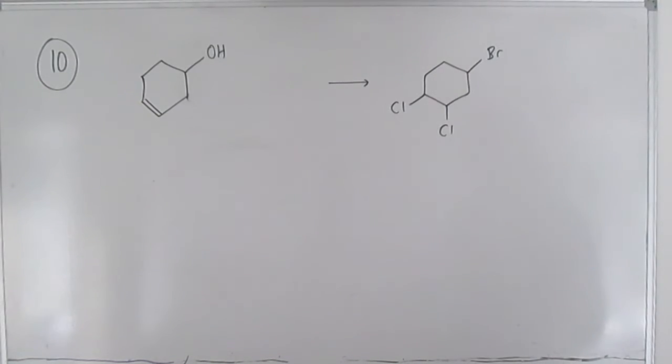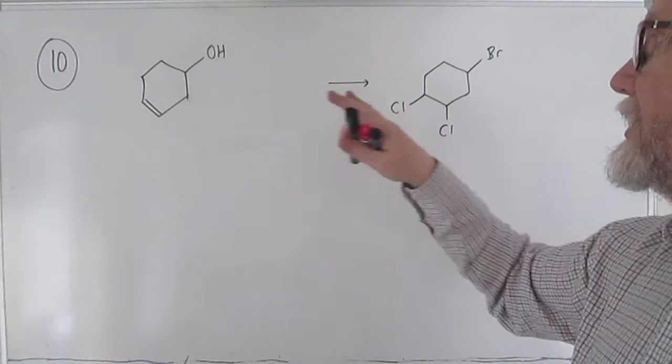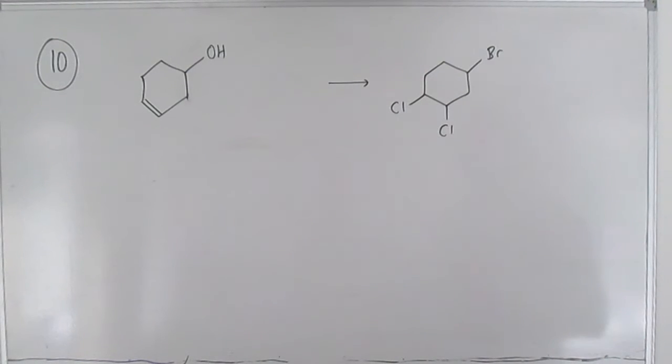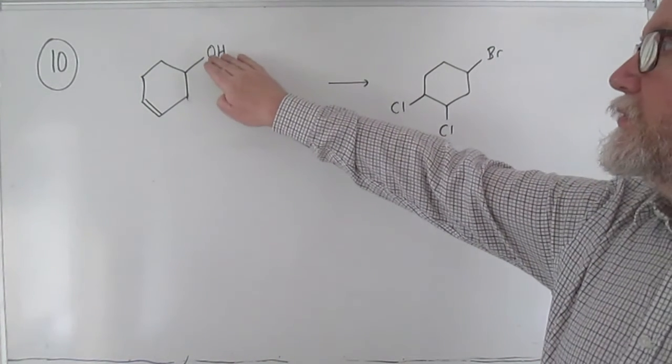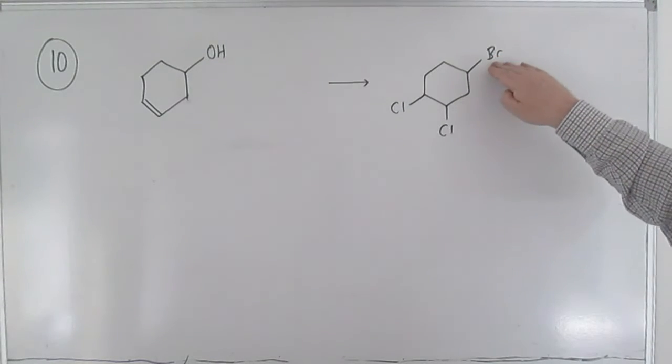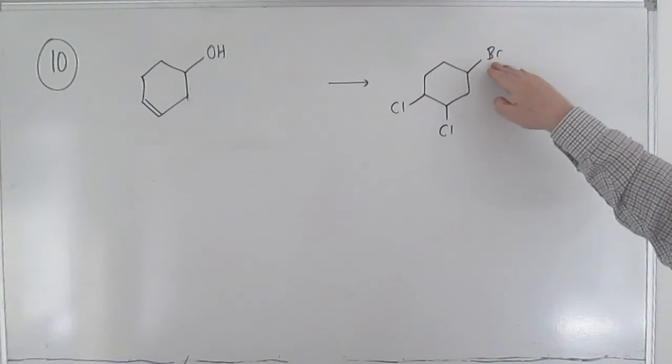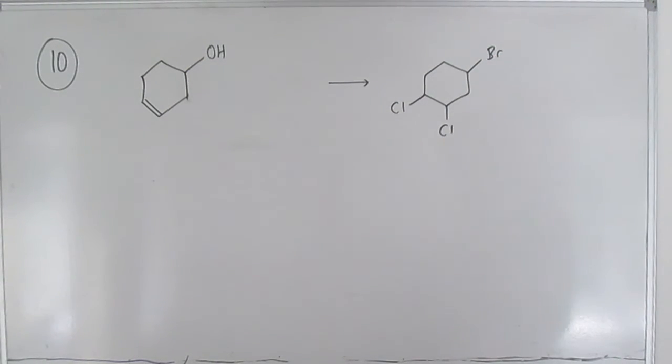So question 10 is another synthesis question where it's asking us to transform one molecule into another in a way that you can't do in a single step. So we've got to put a sequence of reactions together, and again this one you can do in just 2 steps. So you can see there are basically 2 things we've got to do. We've got to transform that OH group into a bromine, and we know how to do that because that's effectively what we've just done in question 9.